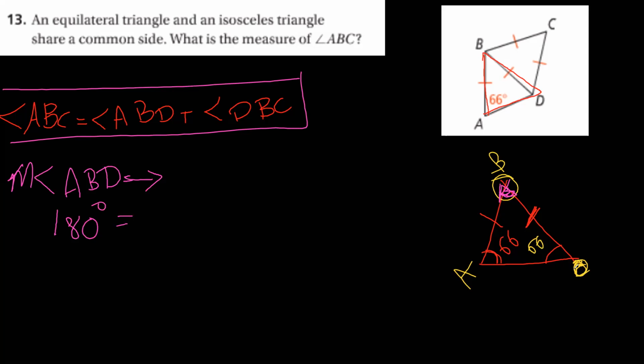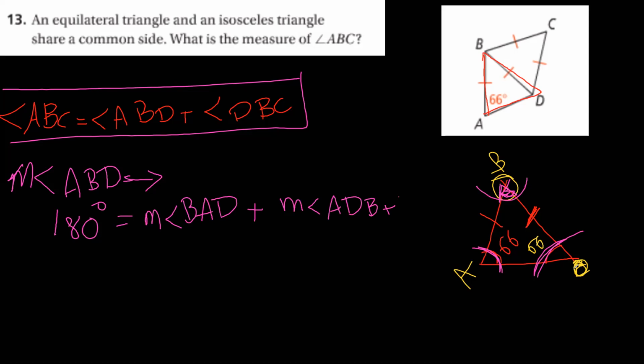So 180 degrees is the angle BAD plus this one, which is ADB, plus this angle, which is DBA. Is it right?